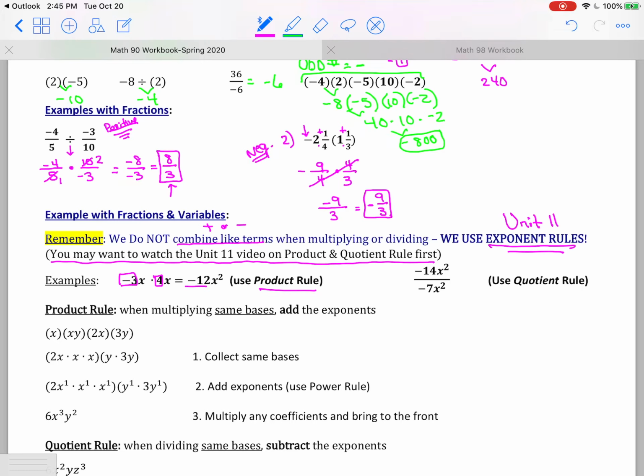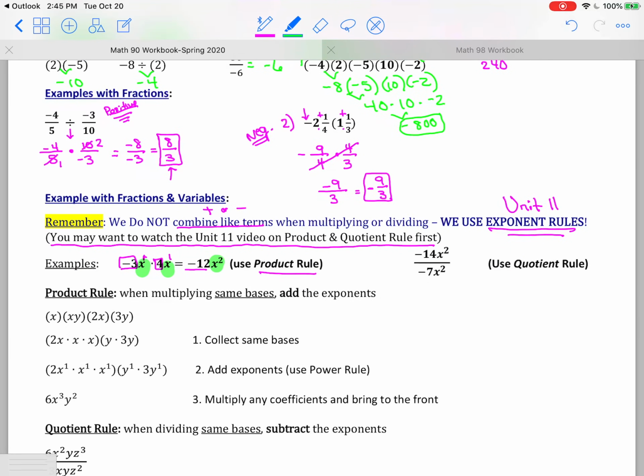And then we use the product rule, and the product rule tells us that we add exponents. If we have the same bases, we add the exponents. And you notice that both of these bases are x's. So we can add those exponents, and that's where we get this x squared, or x to the second power. So the whole thing is negative 12x squared.